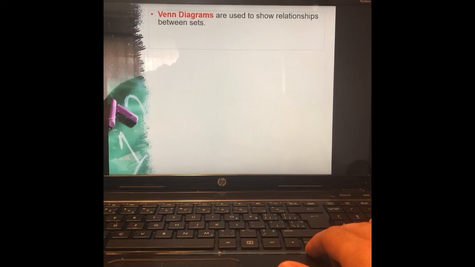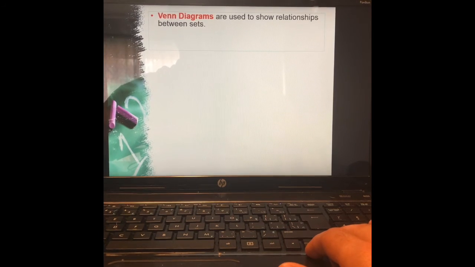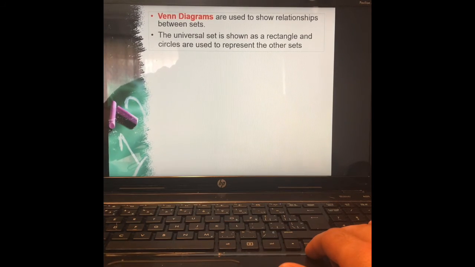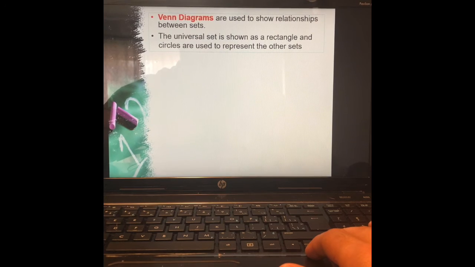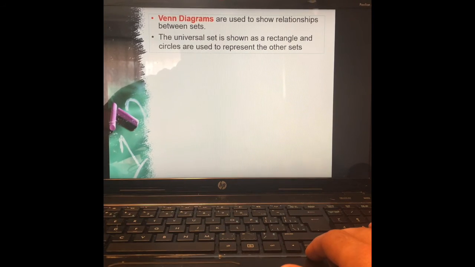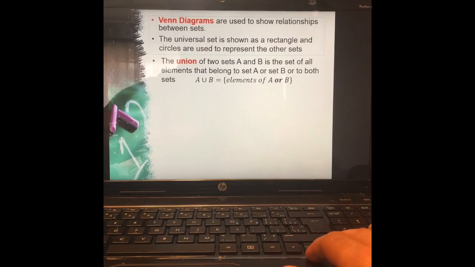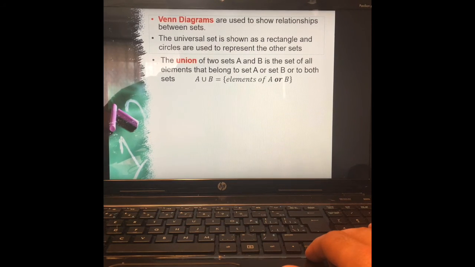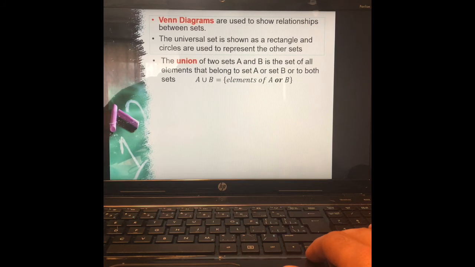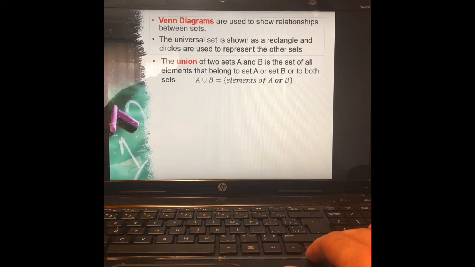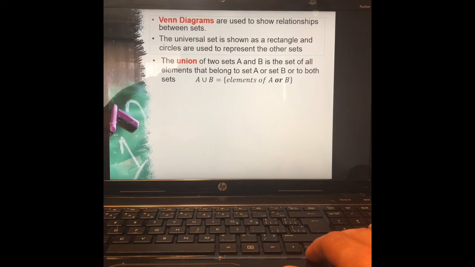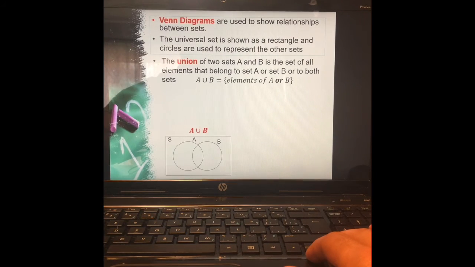Venn diagrams are used to show relationships between sets. The universal set is shown as a rectangle, with circles to represent the other sets. You've got a union of 2 sets, A and B. That means you're in A or B. That's what A or B looks like.